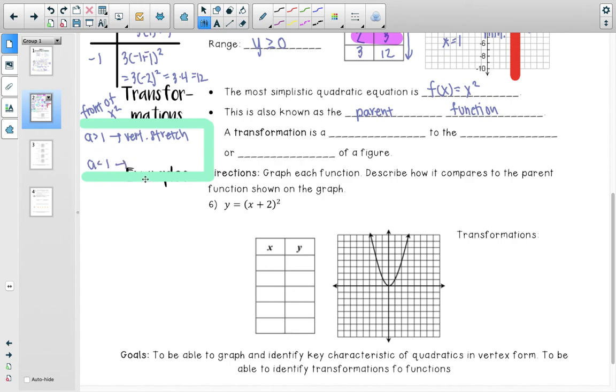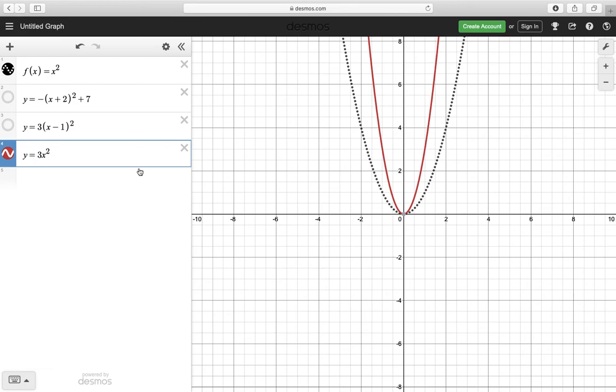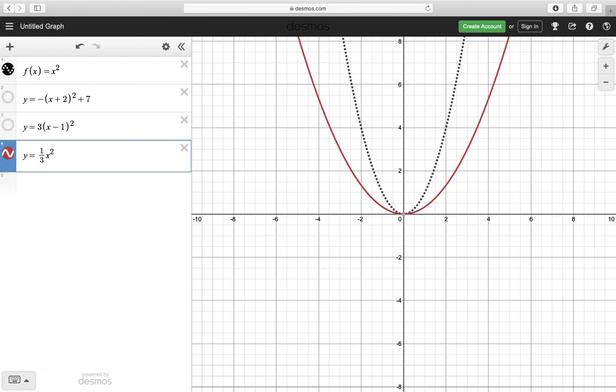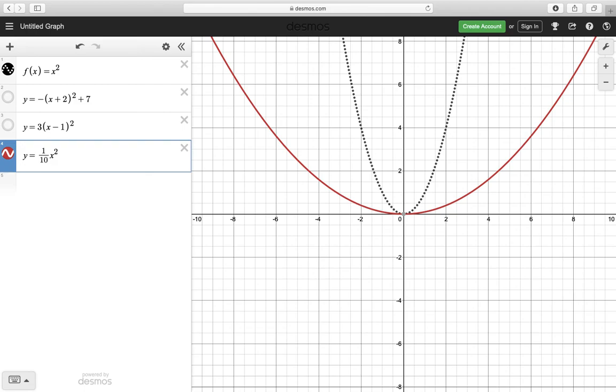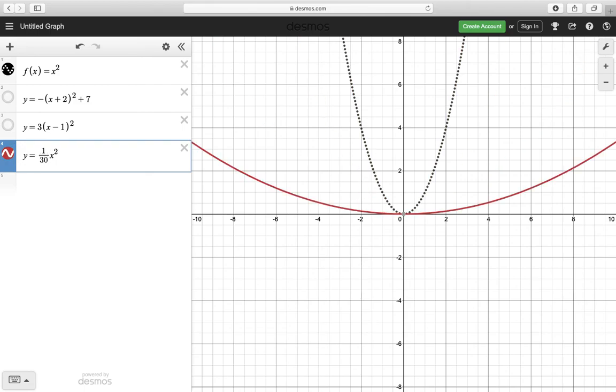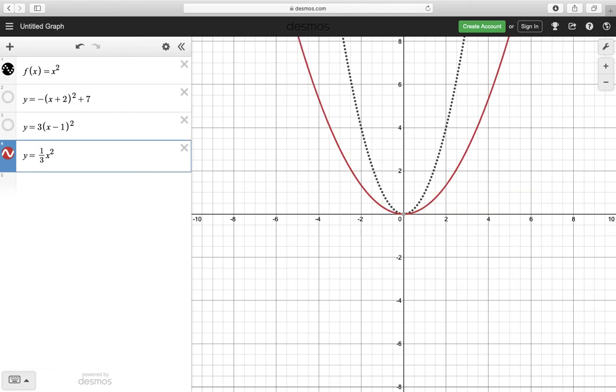Okay, so what if I made this, and I know I'm getting off on a tangent here, 1/3. Well, doesn't the graph get flatter? What if I made it like 1/9 or 1/10 or 1/30? Do you see how much flatter it gets with each move? If it's a fraction that's less than 1, then it's going to make it flatter.